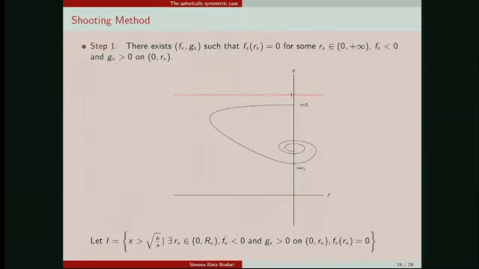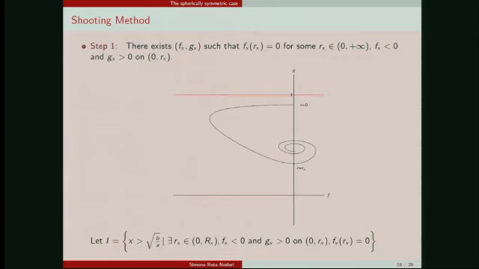The first step is to show that there exists a solution of the system (f(x), j(x)) such that f(x)(R(x)) is equal to 0 for some finite time R(x), and f(x) is negative and j(x) is positive for all time before R(x). This means that the solution behaves in this way.